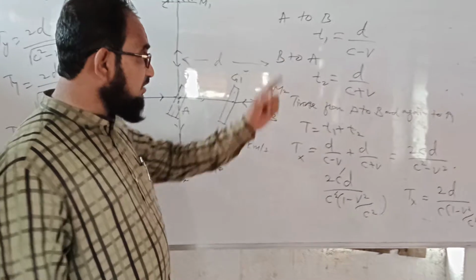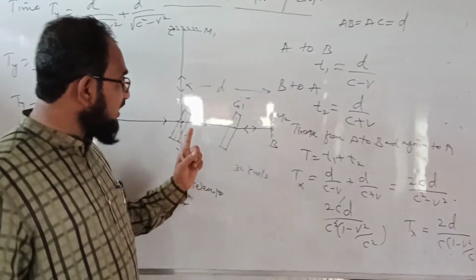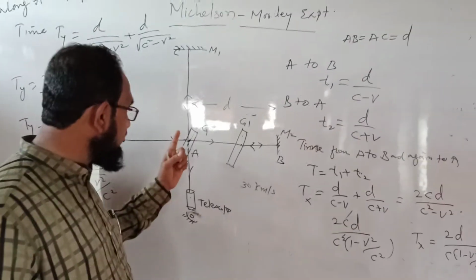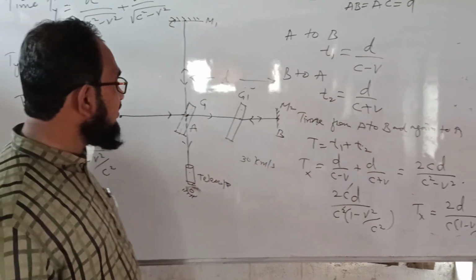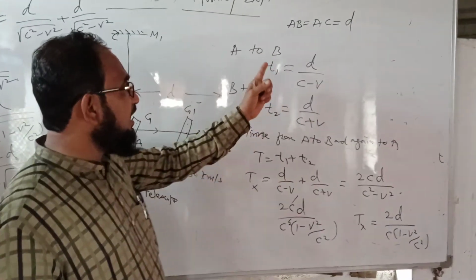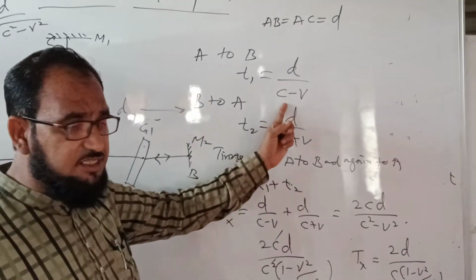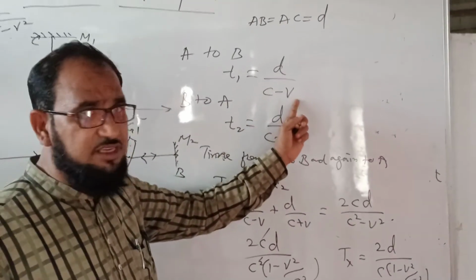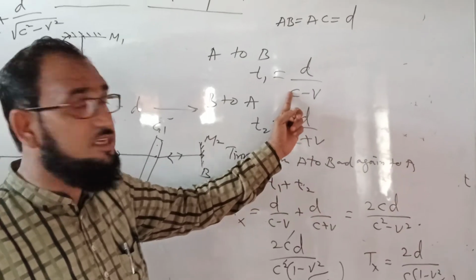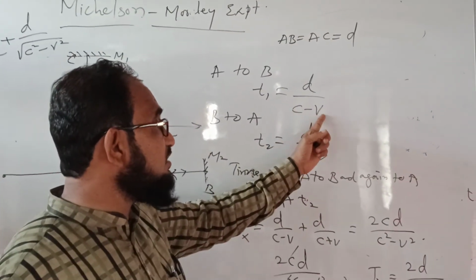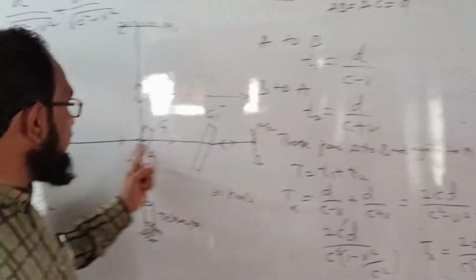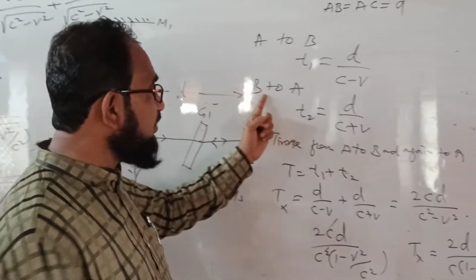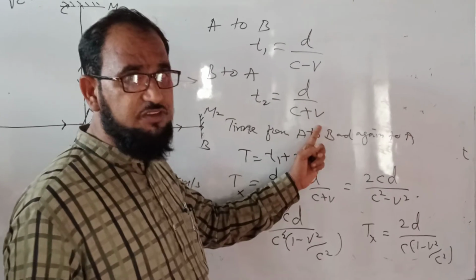Now to calculate the time taken by a light ray to move from A to B and from B to A again, we use the formula time equals distance upon velocity. This velocity is c minus v, where c is the velocity of light and v is the velocity of the apparatus. So d upon c minus v is the time from A to B, and from B to A it is d upon c plus v.